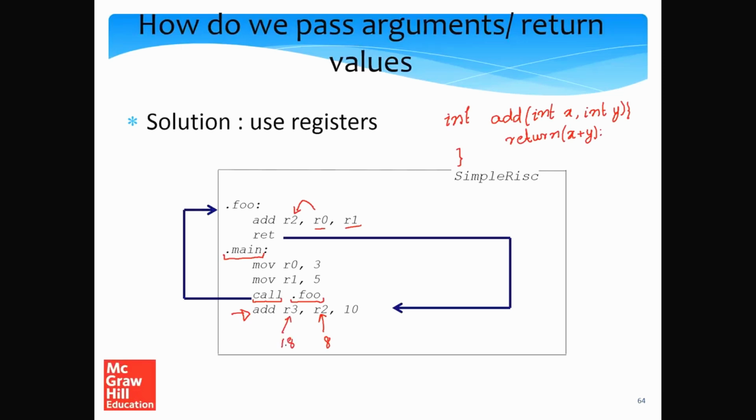So the important takeaway points over here are that we are introducing two new instructions, a call instruction and a ret instruction. For semantics, the format of the call instruction is call and label.